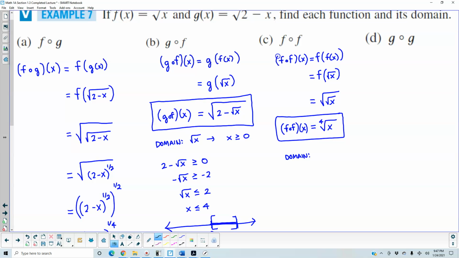Since we have an even index, x has to be greater than or equal to 0. So x such that x is greater than or equal to 0, or bracket 0 all the way to infinity.